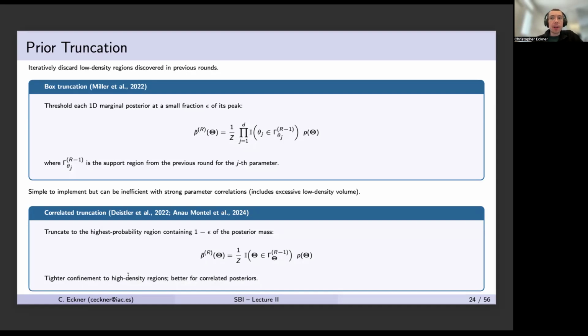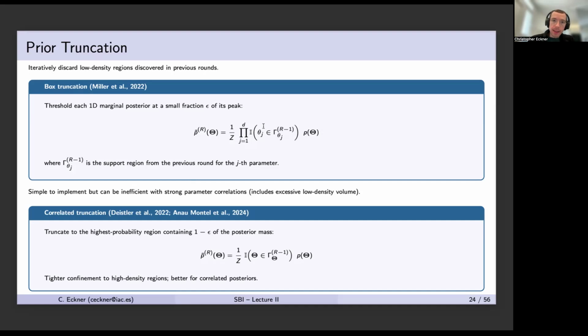And you can simply forget, in the next round, to simulate parameters that are in regions covered by the prior, but where the posterior just doesn't live. So this is a useless part of your original prior space that the target observation will never populate. So why should you simulate this in the next run?